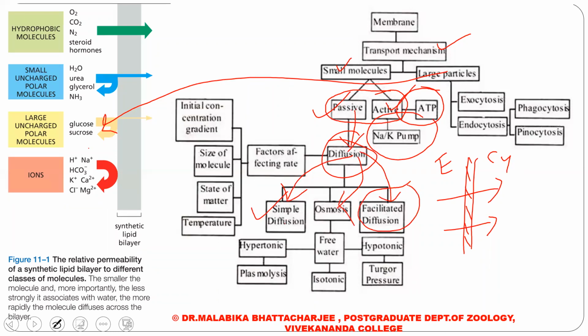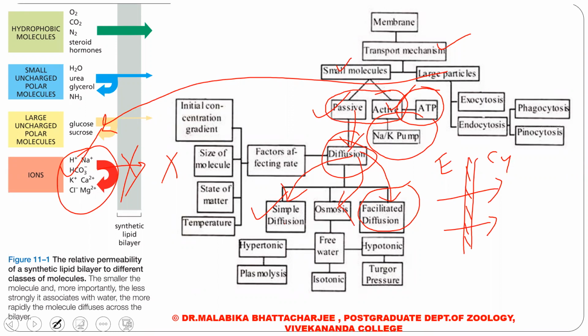For example, we have ions. As I said today, ions are impermeable to this plasma membrane. They cannot move by themselves. We have a higher concentration of ions on this side, no ions present on this side, but the ions need to move. So somebody should facilitate them. So the ions are moving from a higher concentration to a lower concentration, but they are being held by a carrier molecule. A carrier is helping them to pass from one side of the membrane to the other side.